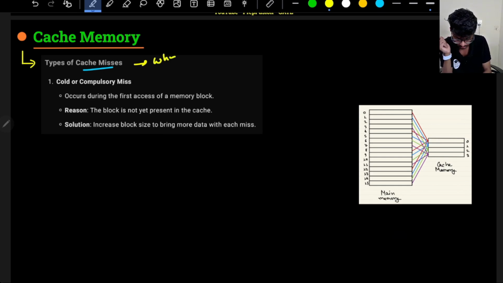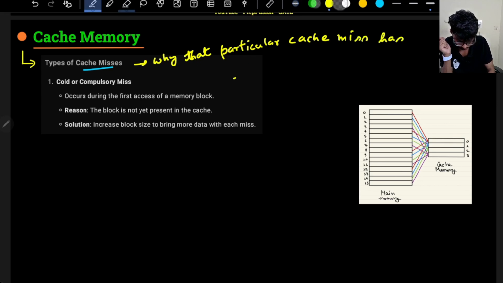Why that particular cache miss has happened, that you need to understand.